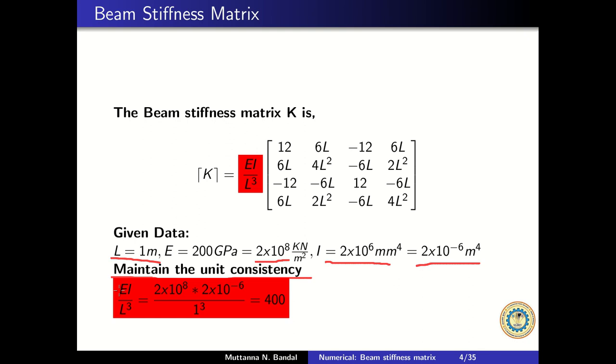With this, I will calculate E into I divided by L cubed first. E is 2 into 10 raised to 8, I is 2 into 10 raised to minus 6, and L is 1 meter, so L cubed is 1. On simplification, I will get 400.